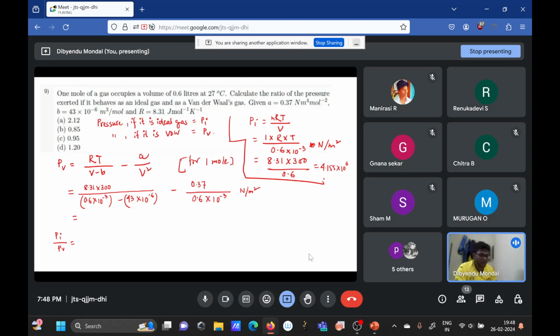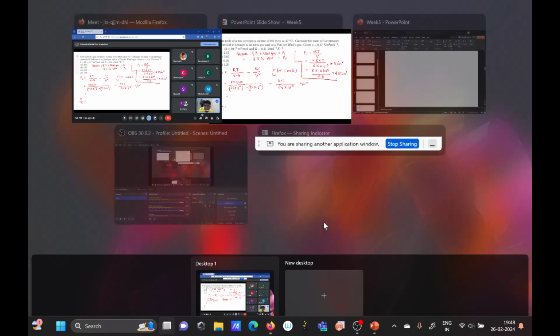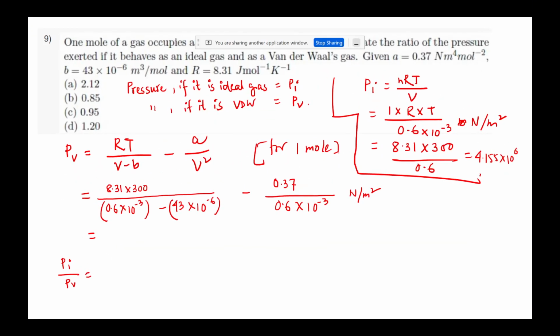There will be a square here. Option C, sir. Option C, 0.95. Yeah, let me check. So this is V square, so 0.6 square.